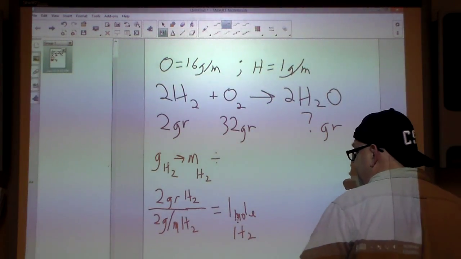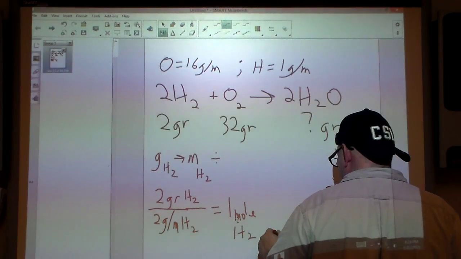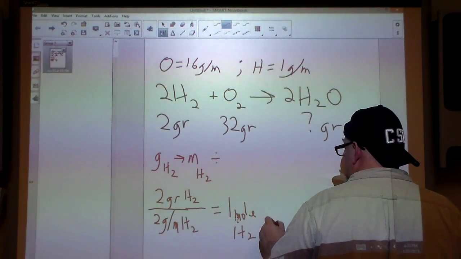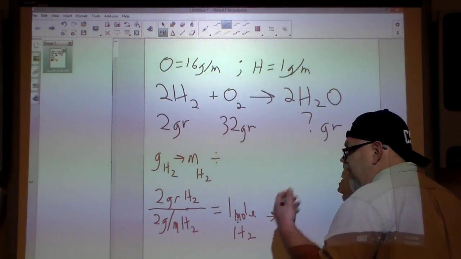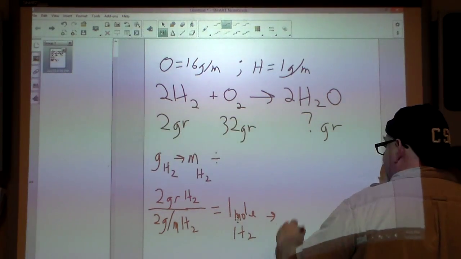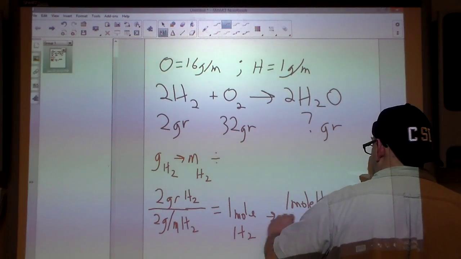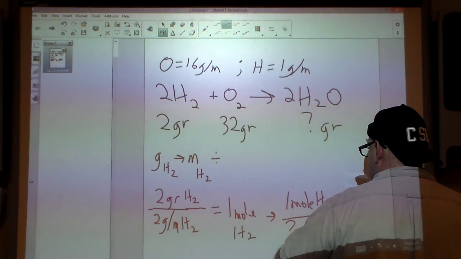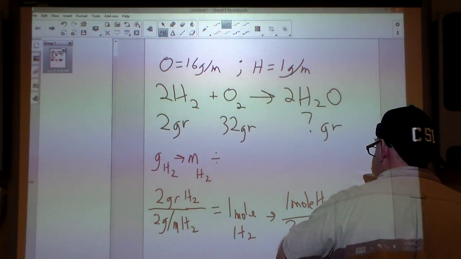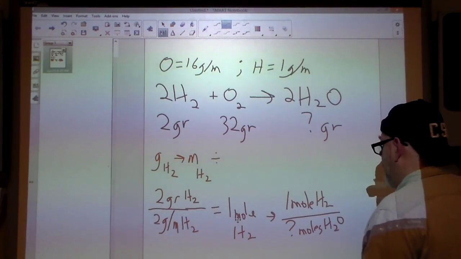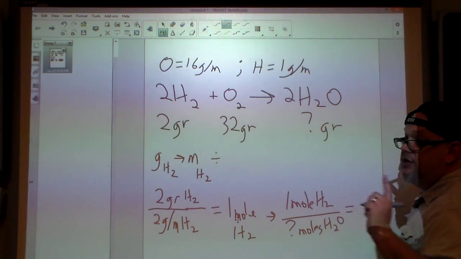So I'll still work in red to show you. Now we need to look at the ratio. If I have 1 mole of H2 gas, I have no idea how many moles of water I am going to get as a result. But there is something I do know.